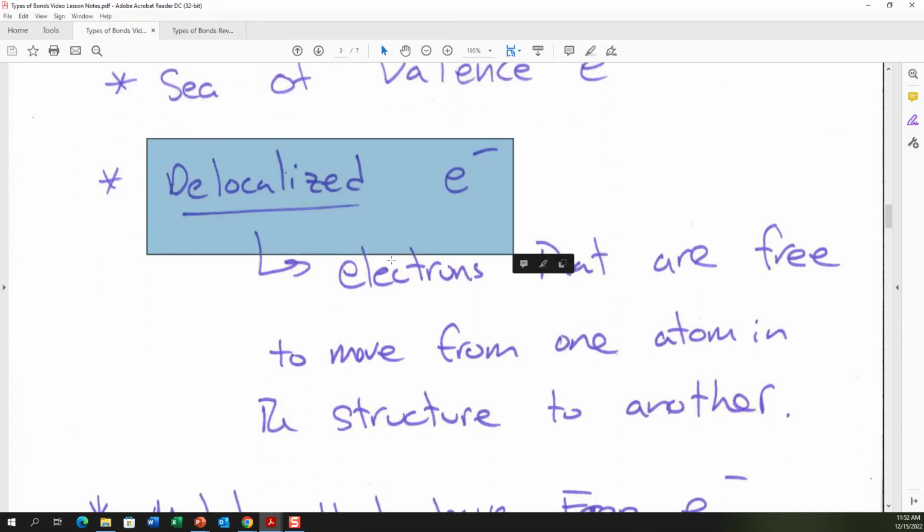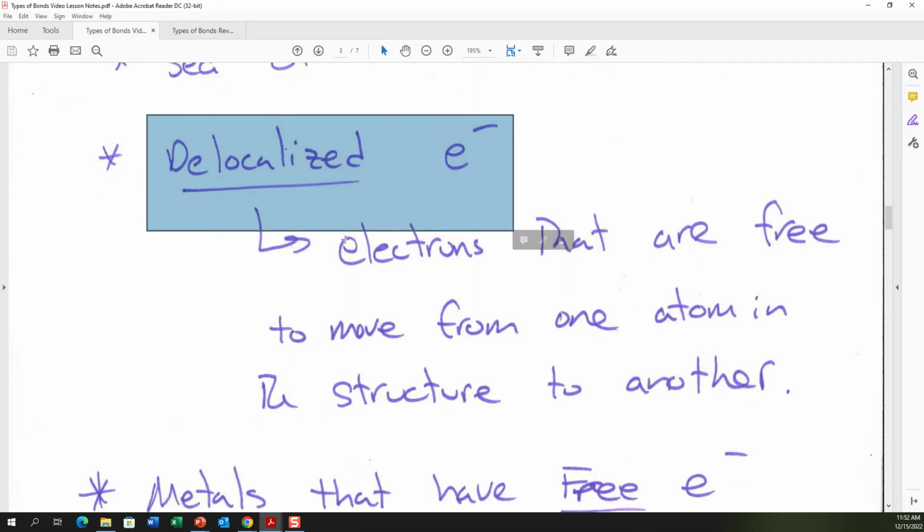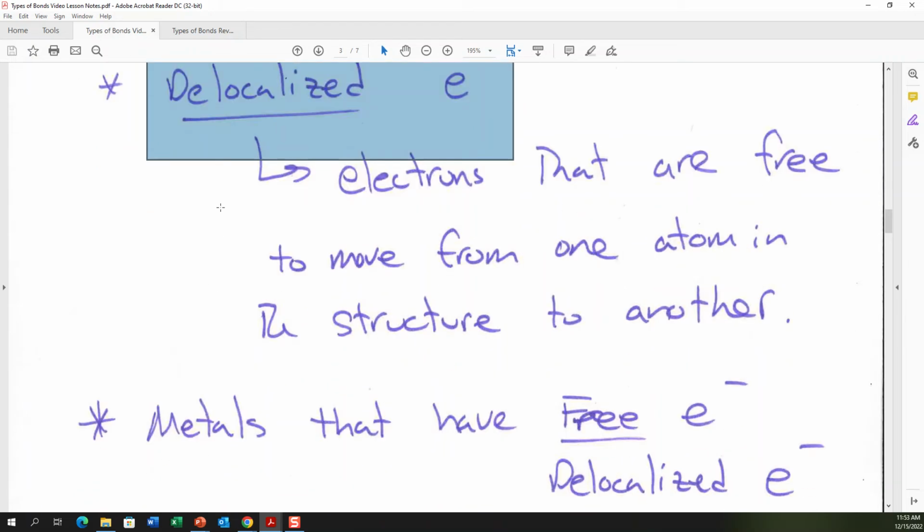Okay. What does that mean? It means the electrons, especially the outermost electrons of the metals, the highest s and the highest d electrons, are free to move from one nucleus to another nucleus. They're not stuck around one nucleus. They're allowed to bump from one atom to another atom to another atom within the structure. They're delocalized. They're not local to one atom.